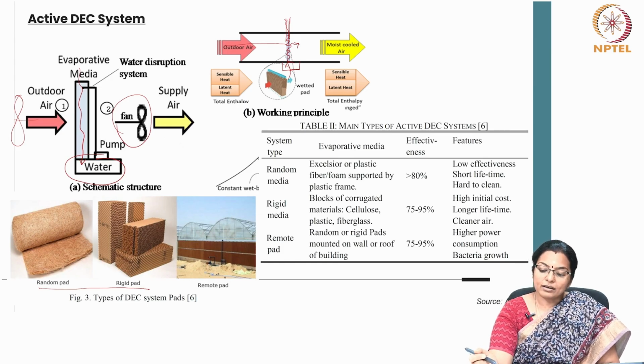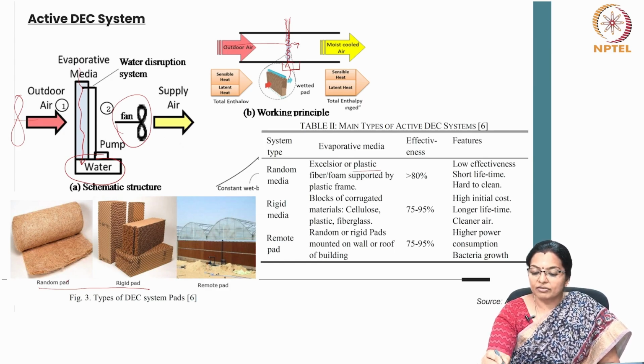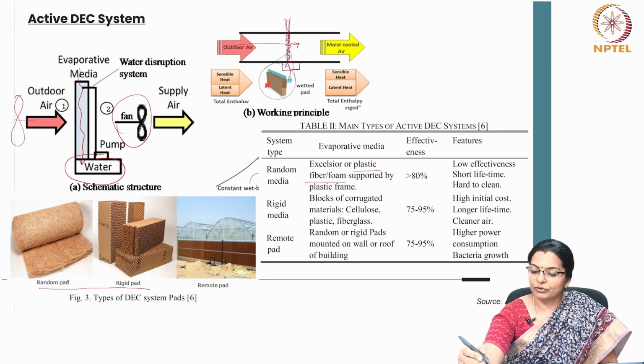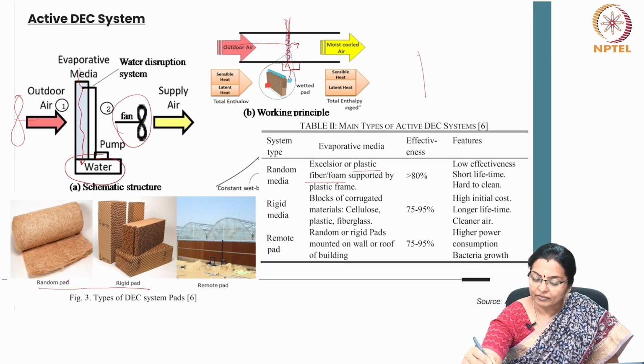So the random media of the pad comprises plastic, fiber or foam supported by a plastic frame. So there can be a frame and there can be the random media.